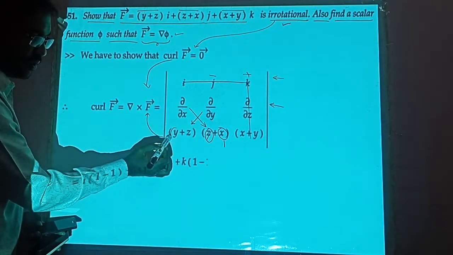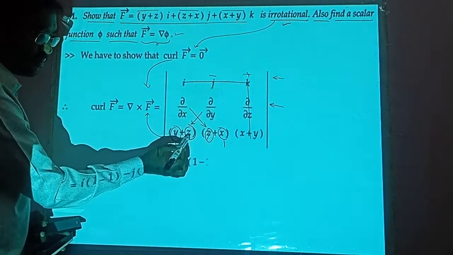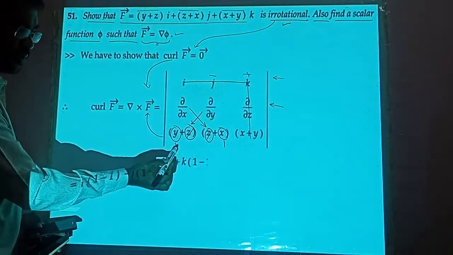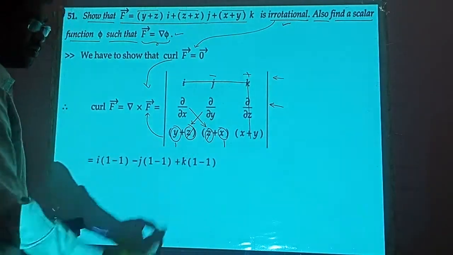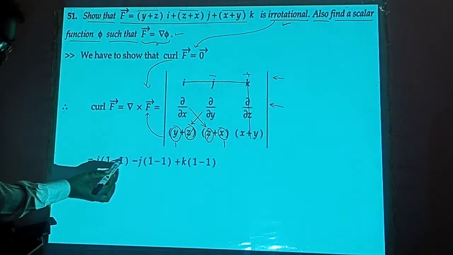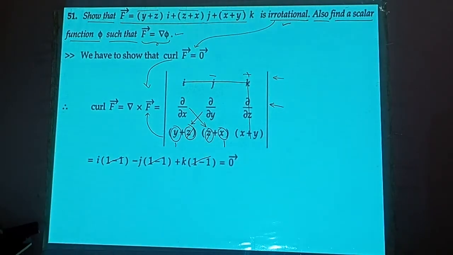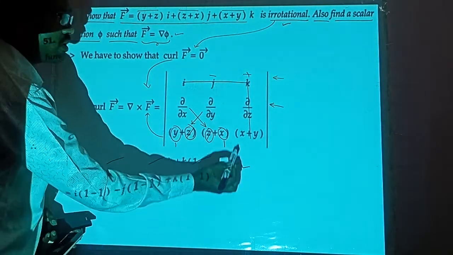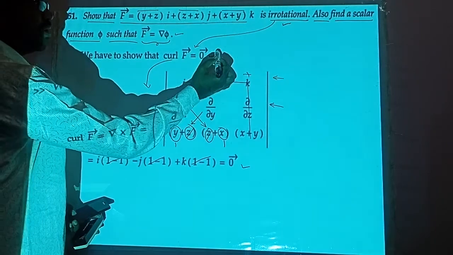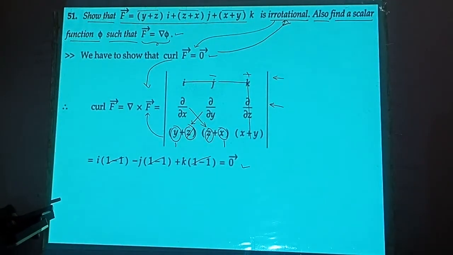Dou by dou y of y is 1, plus dou by dou y of z is 0. So you get 1 finally. So your 1 minus 1 is 0, 0, 0. So everything is 0. So our curl is 0. We got curl f is equal to 0. That proves that the given vector f is irrotational.